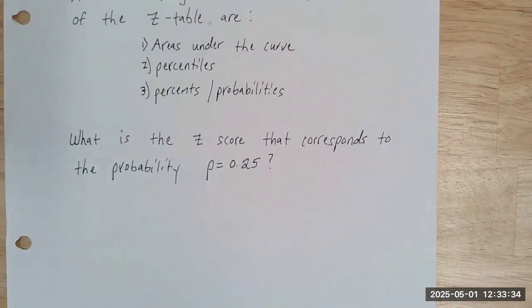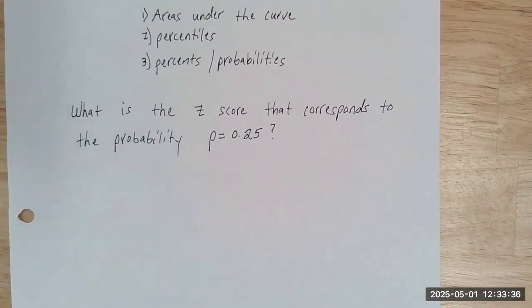What is the Z-score that corresponds to the probability P is equal to 0.25?